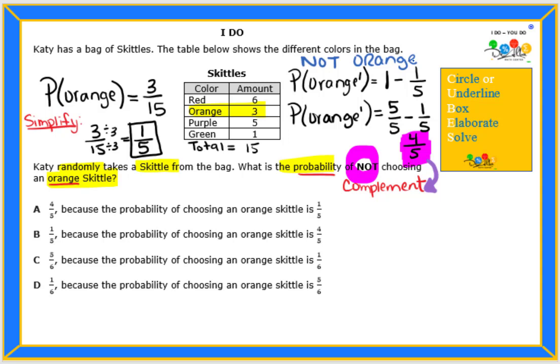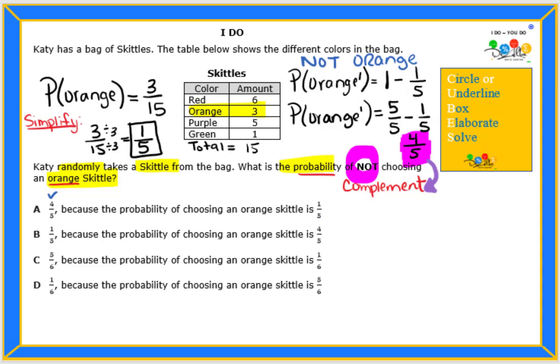So let's take a look at our answers. It says 4/5 because the probability of choosing an orange Skittle is 1/5. So did we get 4/5 for not choosing an orange Skittle? Yes, we did. Not orange, we have 4/5. So this part looks correct. And then they said because the probability of choosing an orange is 1/5.